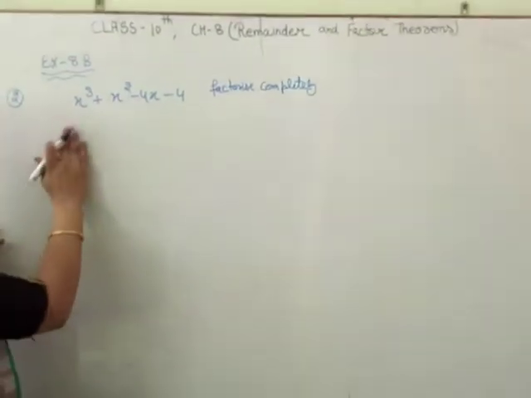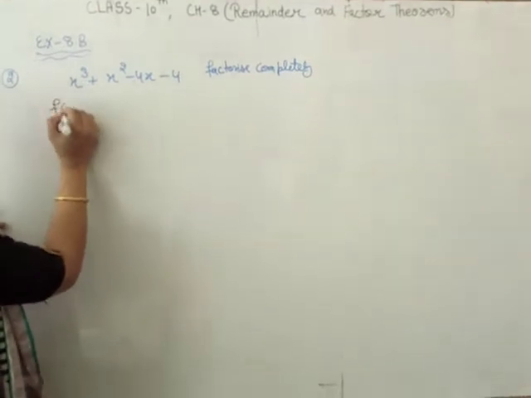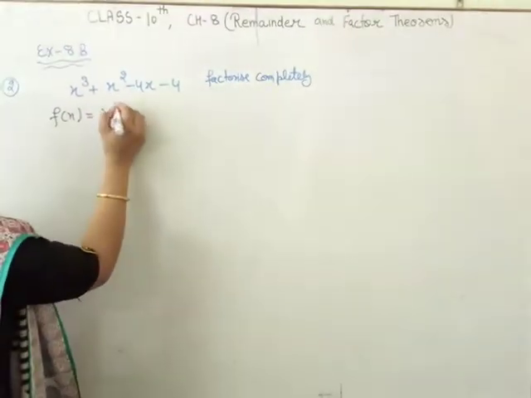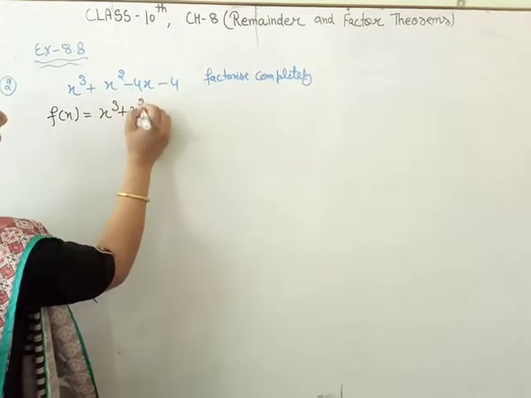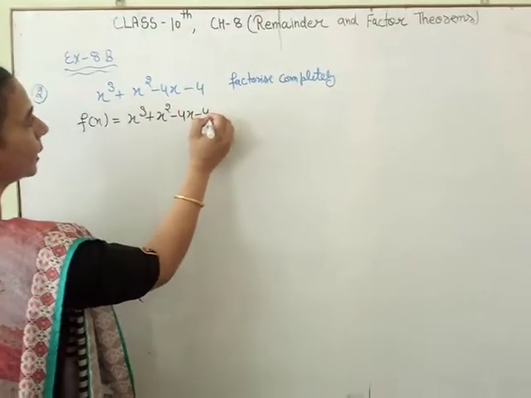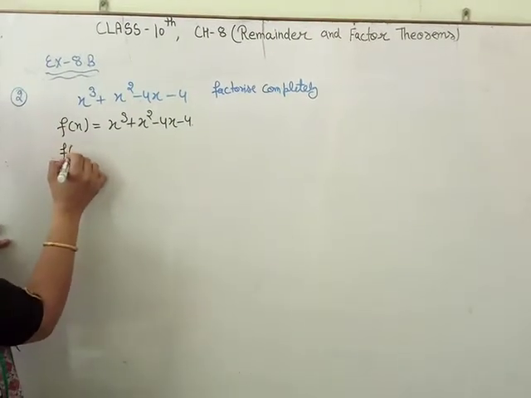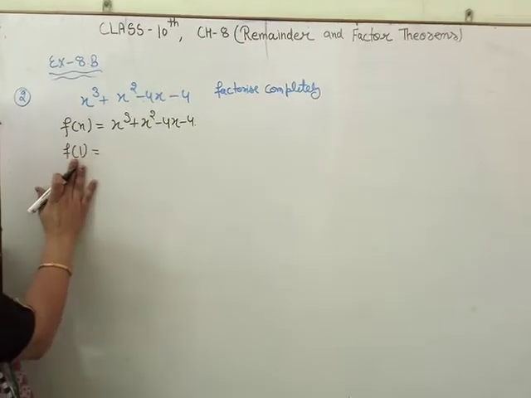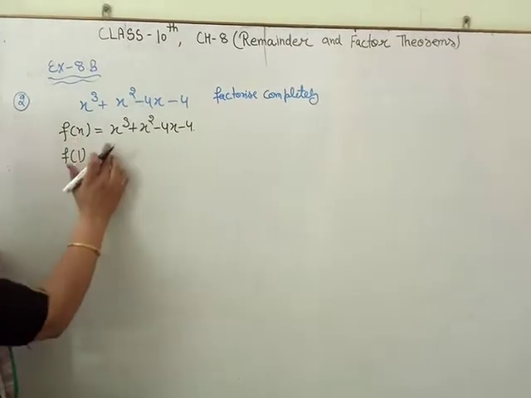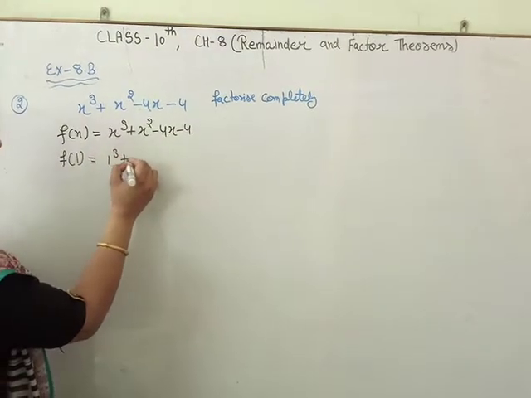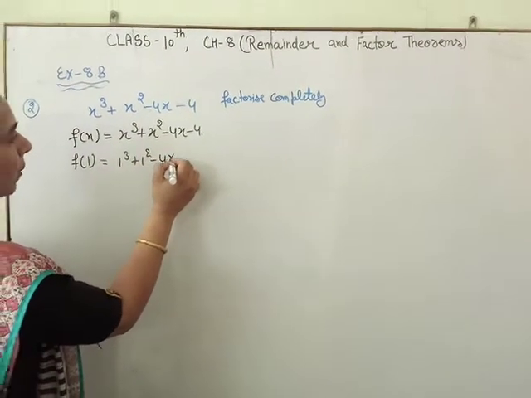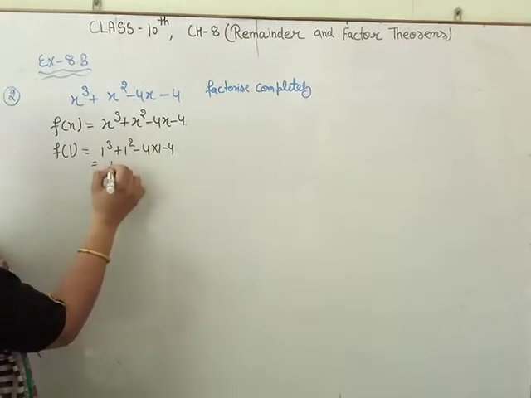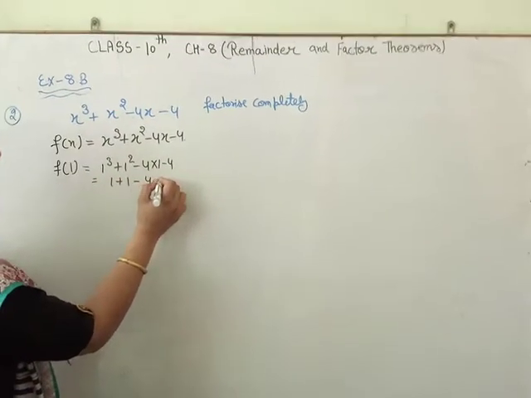So first we write f of x equals x cube plus x square minus 4x minus 4. First we try in place of x, 1. We use trial method. 1 cube plus 1 square minus 4 into 1 minus 4, 1 plus 1 minus 4 minus 4.